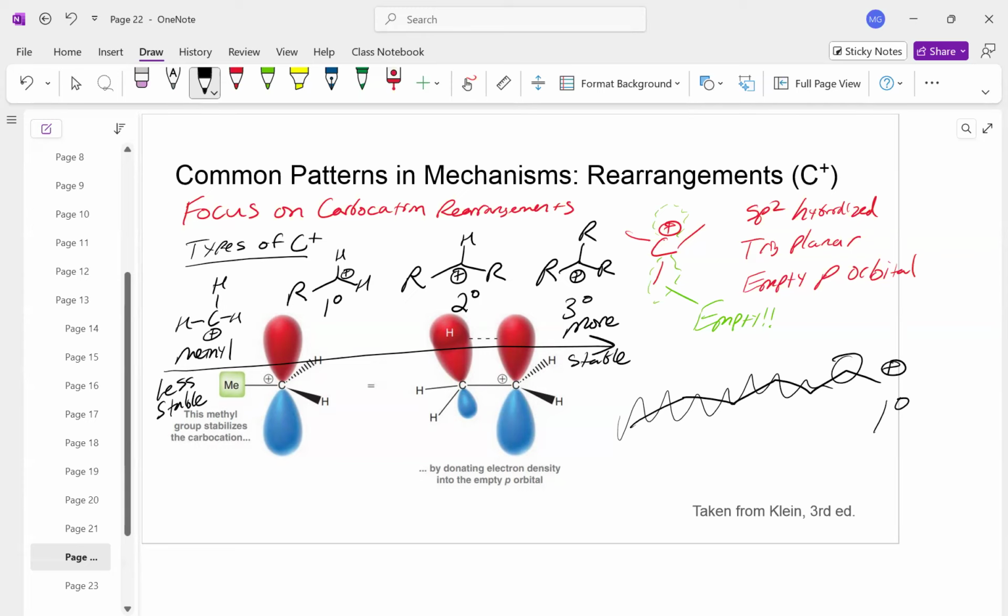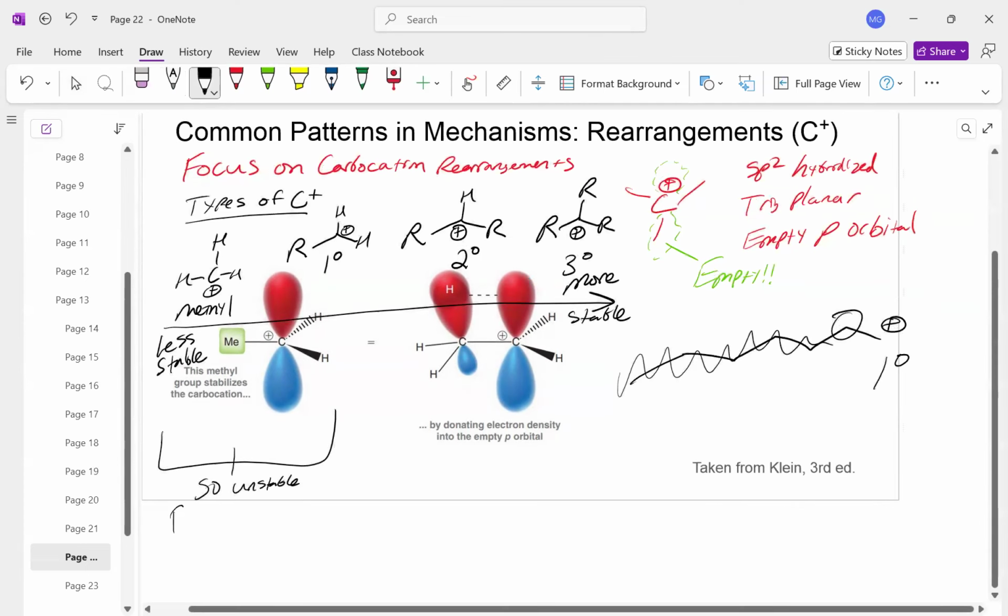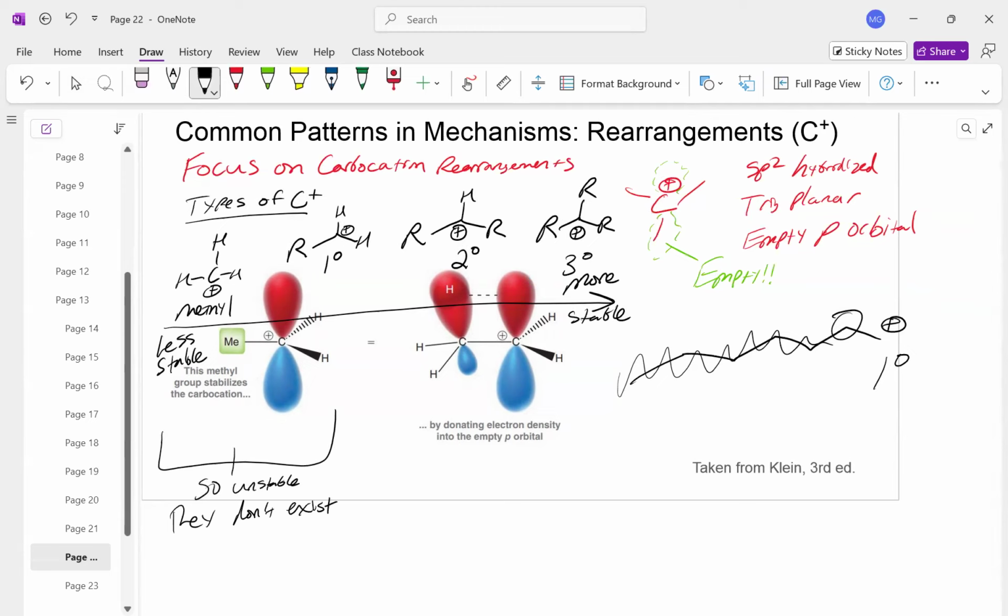In fact, methyl and primary carbocations are so unstable they don't exist. You can't form them because they're so unstable. Secondary and tertiary, yeah, those are fine. We're going to see those a whole lot.